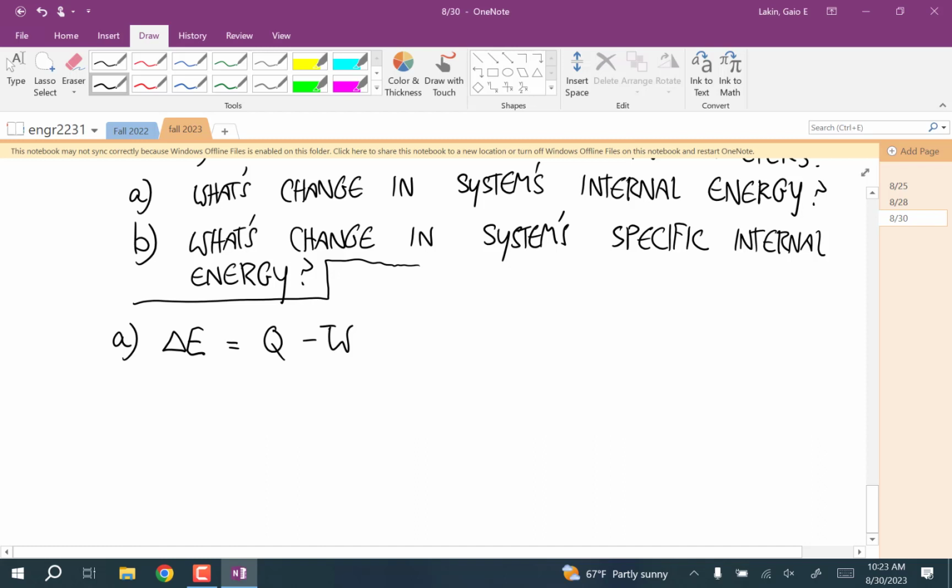But now we know that we're dealing with some kinetic energy and potential energy stuff. There's no reason to eliminate those. And so we can expand this change in energy to be the change in kinetic energy plus the change in potential energy plus the change in internal energy. And that's equal to Q minus W.